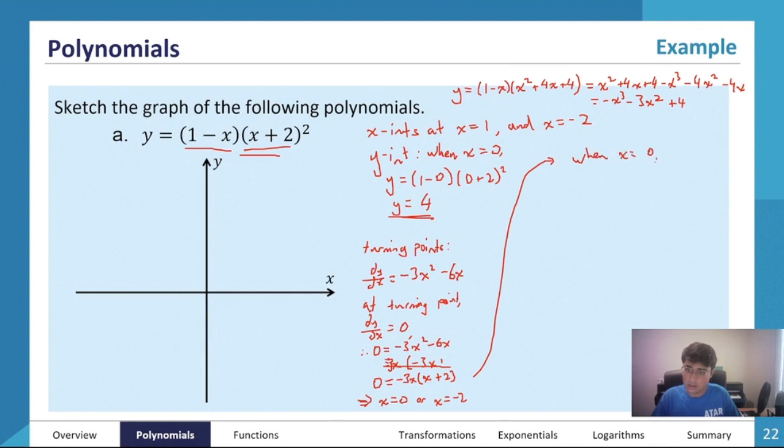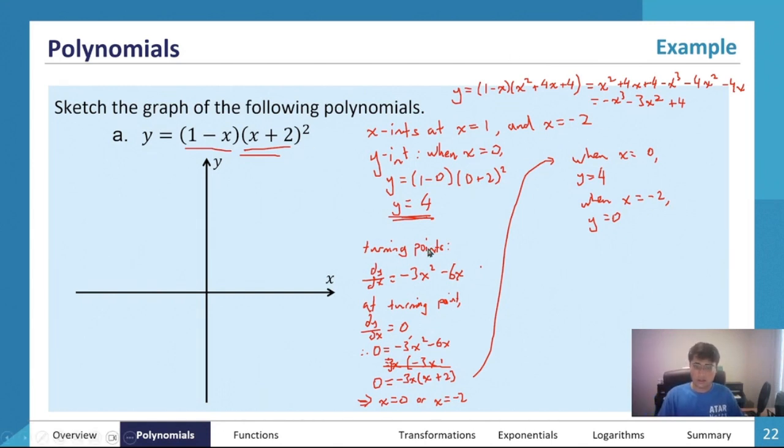When x is equal to 0, y is equal to 4. We know that from when we found the y-intercept. And then when x is equal to -2, we know from our x-intercepts that that is going to be y equals 0, because we have an x-intercept at x equals -2, right there.